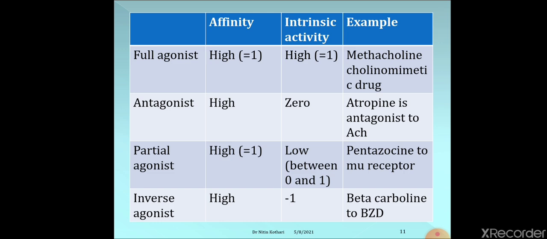Their pharmacological response is in between 0 and 1. That means the pharmacological response triggered by a partial agonist is less than a full agonist, but more than an antagonist. That's why they are called partial agonists. Like pentazocine is a partial agonist to the mu receptor, and the mu receptor is a type of opioid receptor.